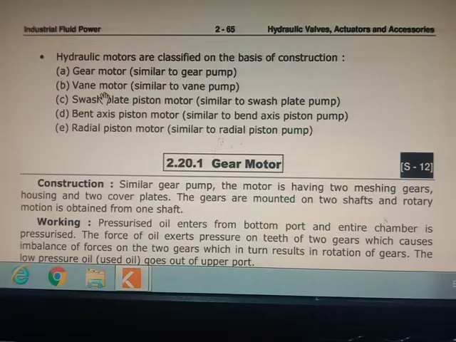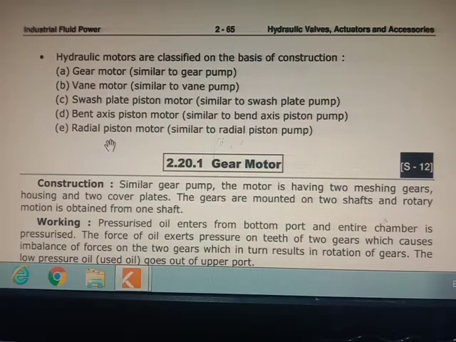Then there is a vane motor, as we have also seen the vane pump. Then swash plate piston motor. We have seen the swash plate in the inline axial piston pump and bent axial piston pump. So here also there are the swash plate piston motor, bent axis piston motor, and radial piston motor.